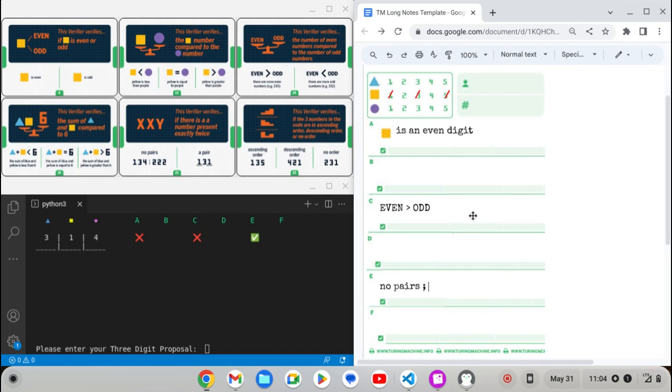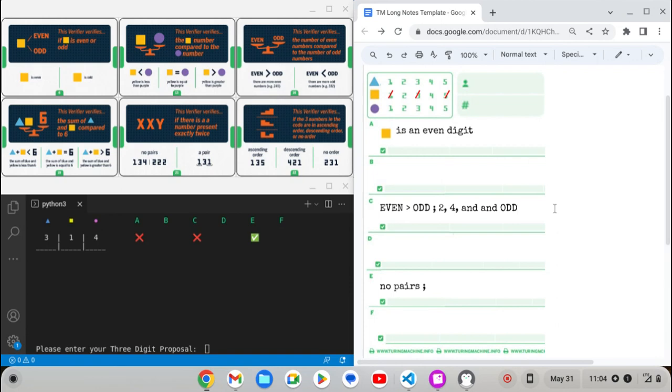So I'll put in an additional note here for C that there's going to be a 2, a 4, and an odd. Okay. So we already did our three Turing tests for this turn, for this proposal 314.